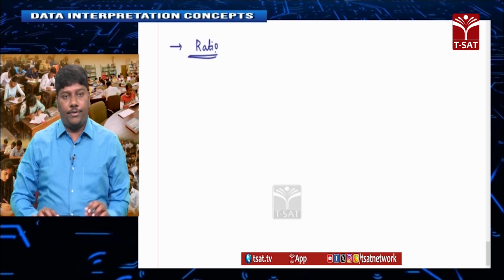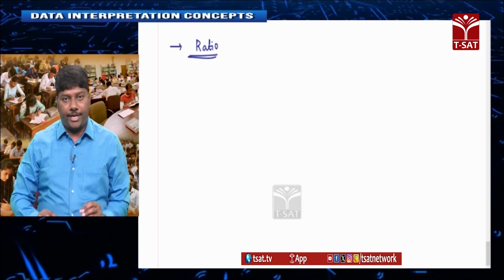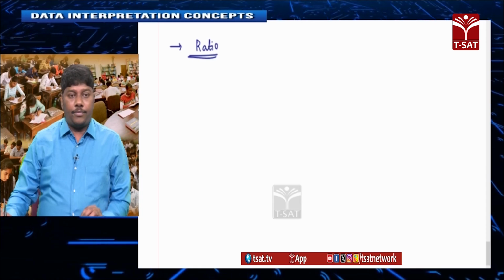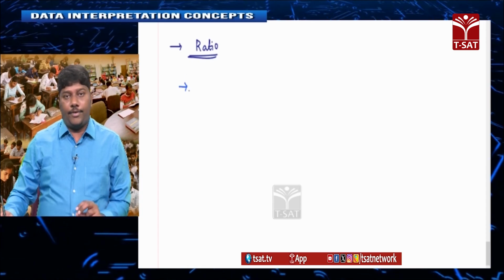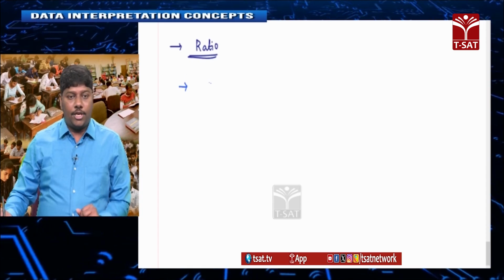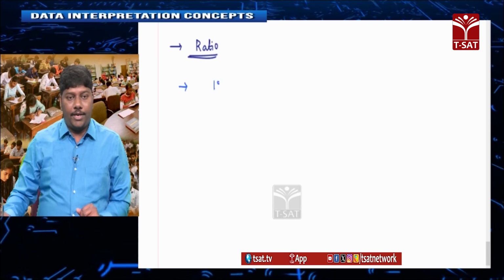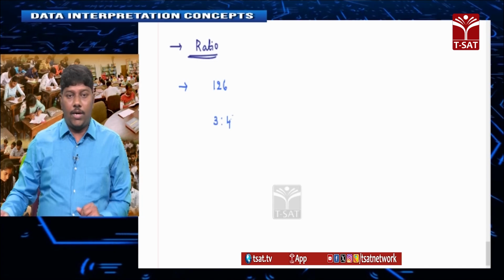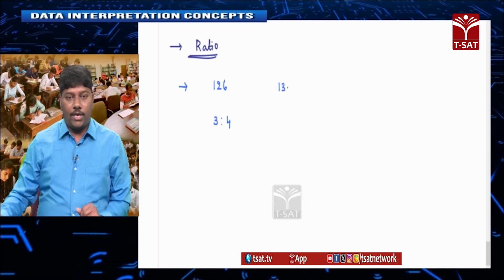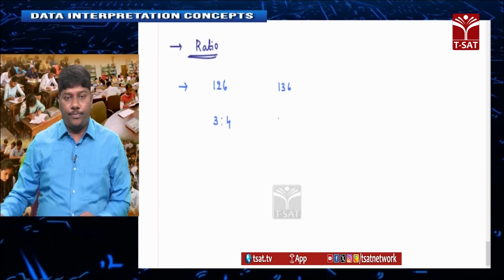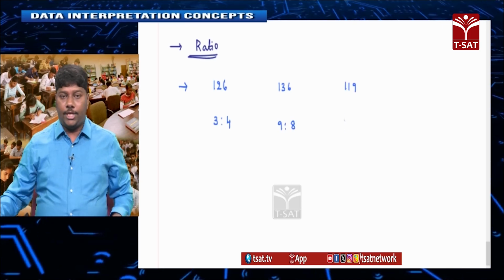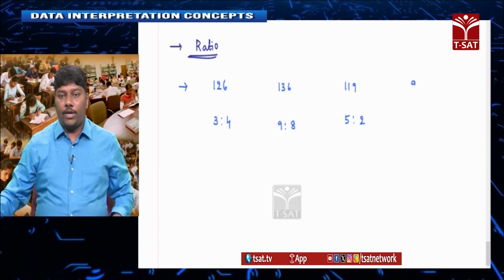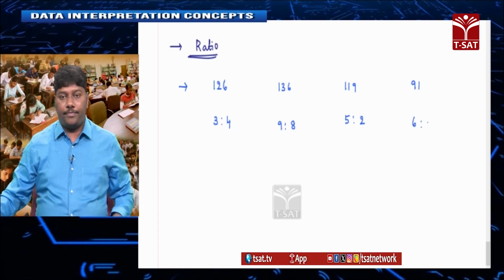How will ratios be useful in your data interpretation? So with ratios, you should be ready to factorize the given numbers. Suppose I am asking you to divide 126 in the ratio 3:4, or else I am asking you to divide 136 in the ratio 9:8, in the ratio 5:2, 91 in the ratio 6:7.